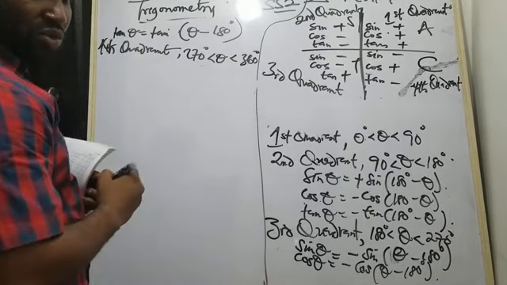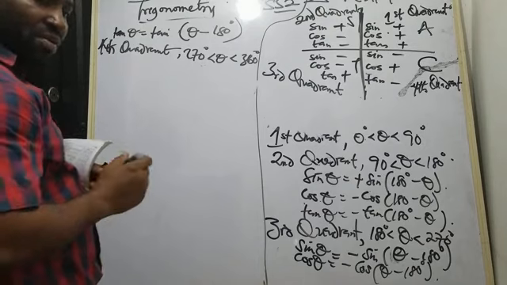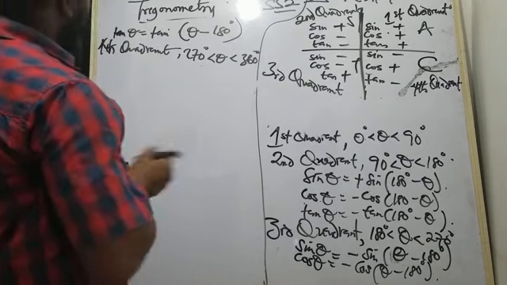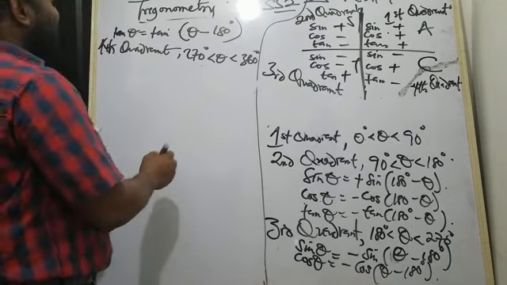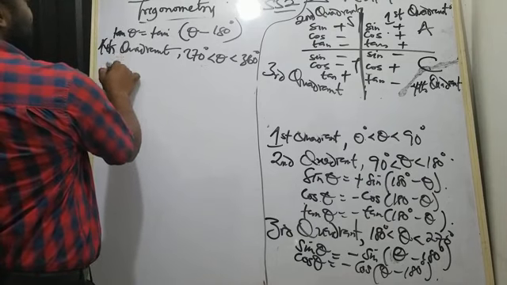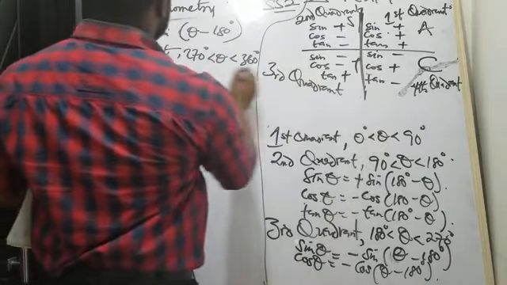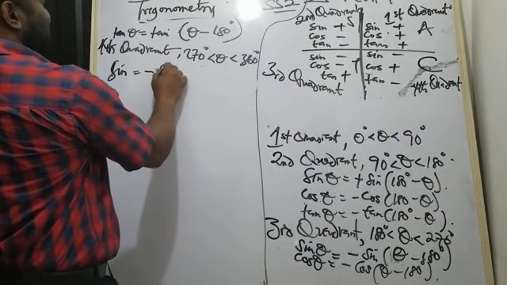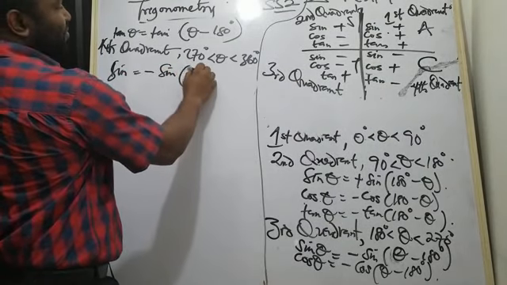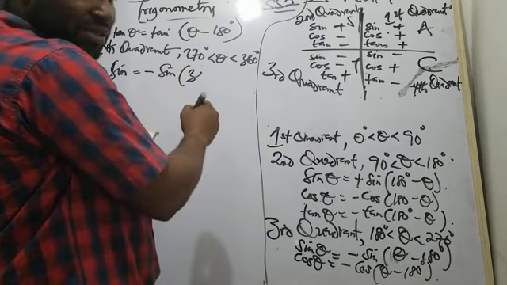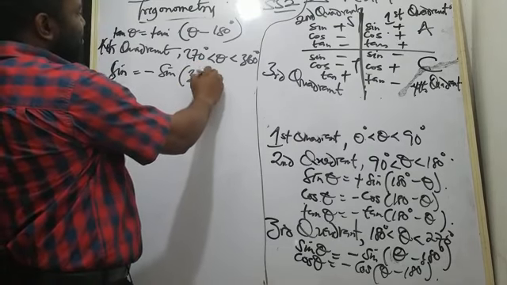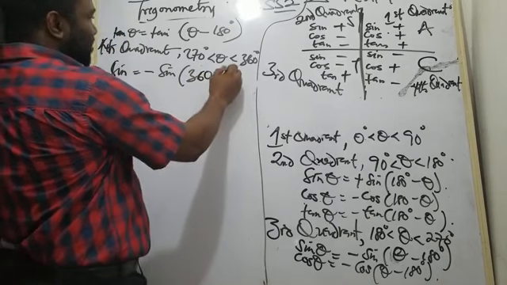Okay, when you have this, then it means for sine, it is negative here, negative sine, you have 360 degrees minus theta.